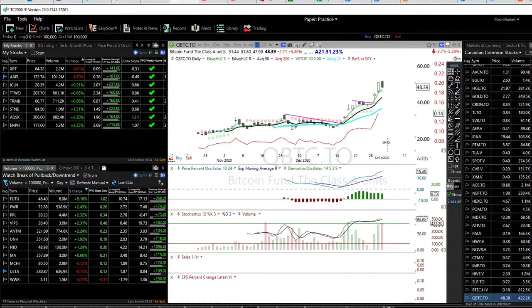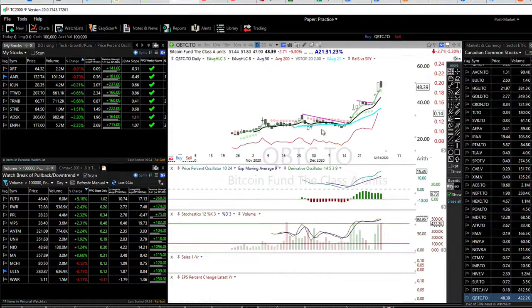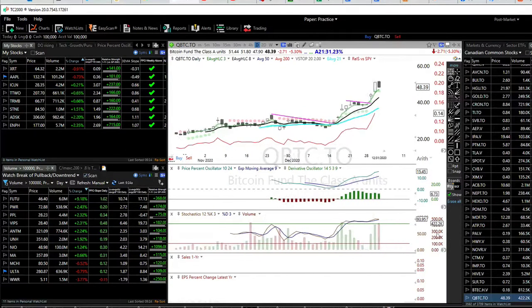But this one isn't as expensive as Grayscale, so it's fairly new though. In the volume, you don't have the volume of Grayscale, but this is one that has Bitcoin as well. That's about all I wanted to say.